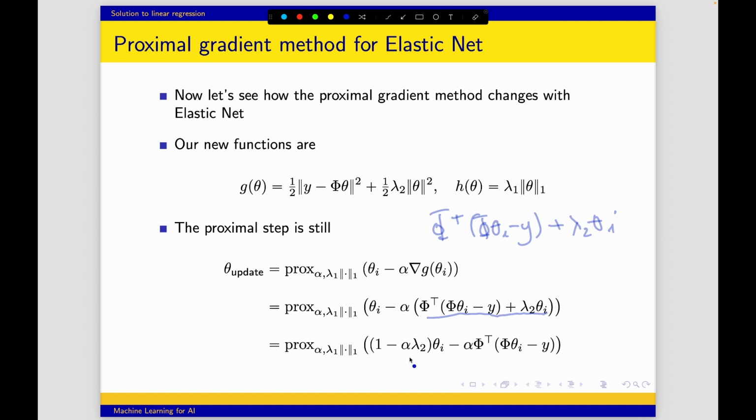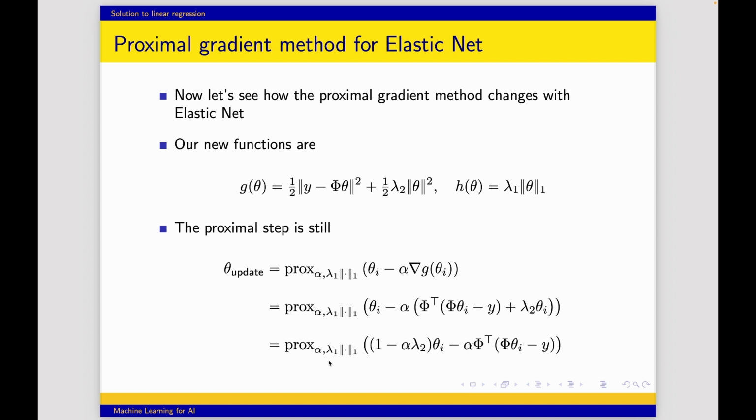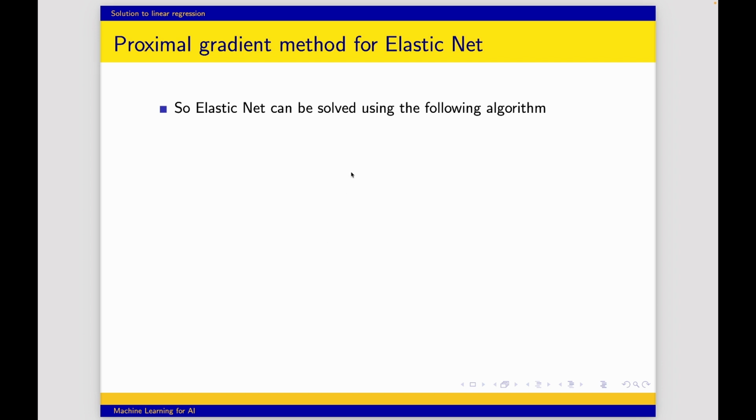And we can rearrange this so that we have 1 minus alpha times lambda 2 times theta I minus alpha phi transpose times this. And so we pass this whole thing, which is the gradient descent update, now for this smooth function, through our proximal map that we developed for the one norm times some arbitrary constant, in this case lambda 1. And so we have the following algorithm.